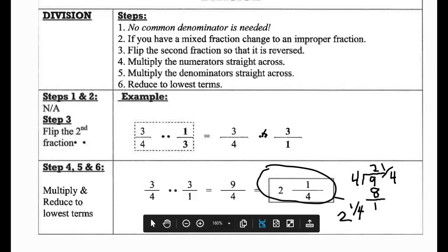So I'm going to write multiply there so you remember that as well. So basically, it's the same as multiplication. We just need to make sure that we don't forget the step, which is to flip the second fraction so that it is reversed. And I had circled that. Now I'm going to write a little star next to it there. Okay, so remember to flip the second fraction so that it is reversed.